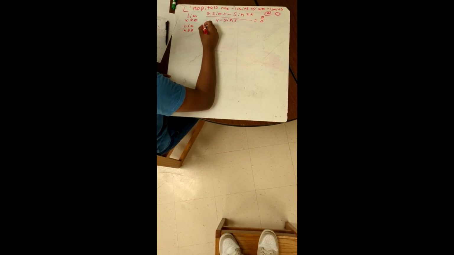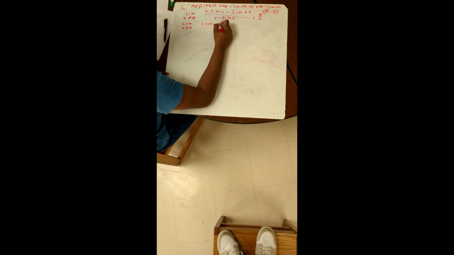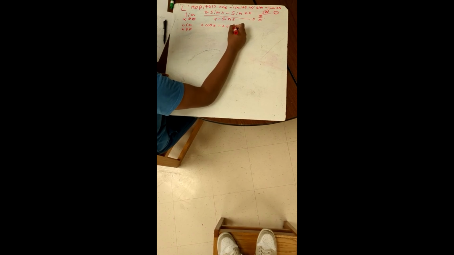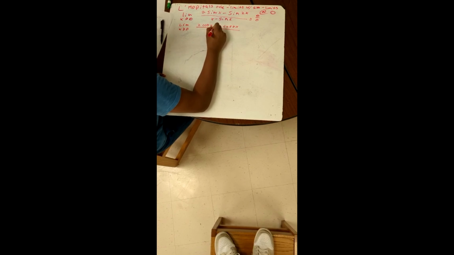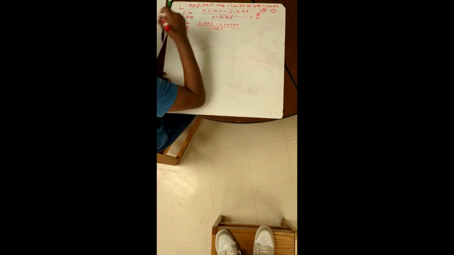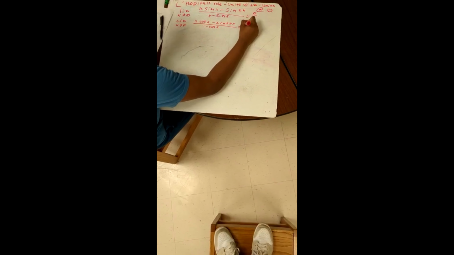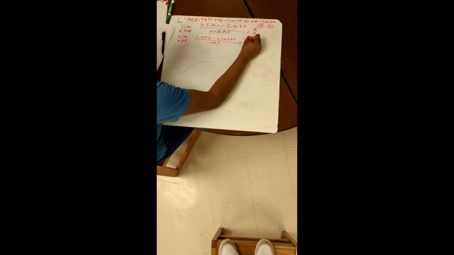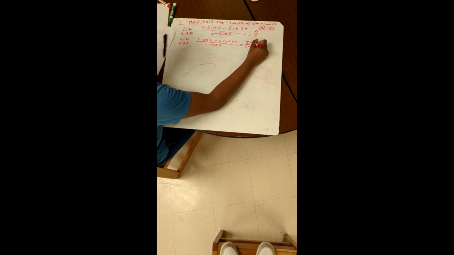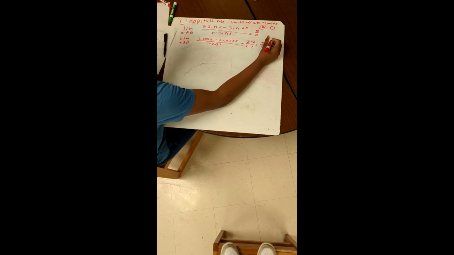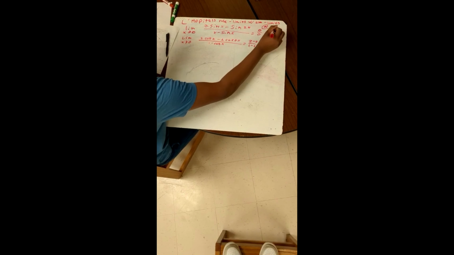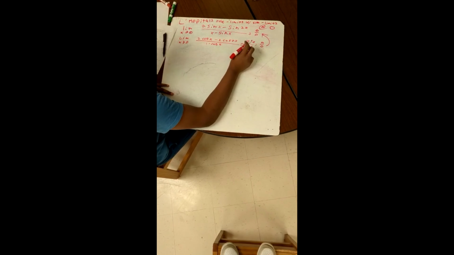So if we find the derivative, the limit as x goes to 0 is 2 cosine x minus 2 cosine 2x, right? Using the chain rule, over 1 minus cosine x. If we plug that in, we get 2 minus 2 over 1 minus 1, which equals 0 over 0, which is the same as this, so it didn't change anything.